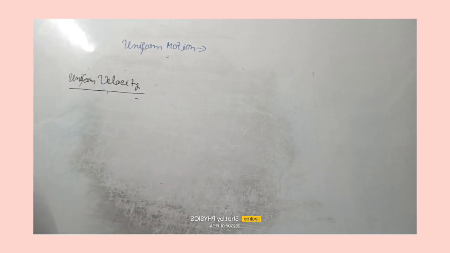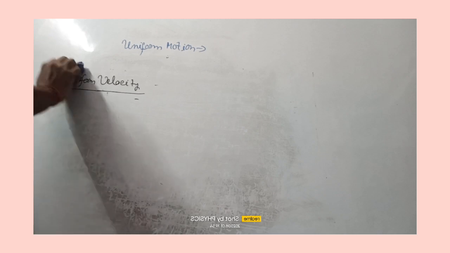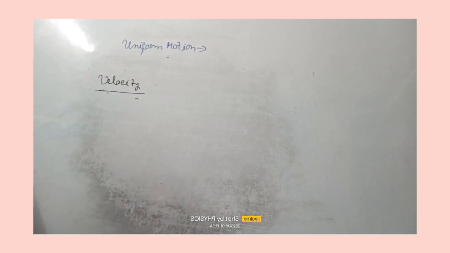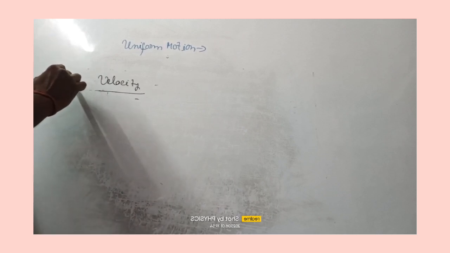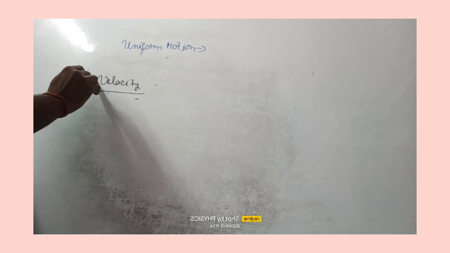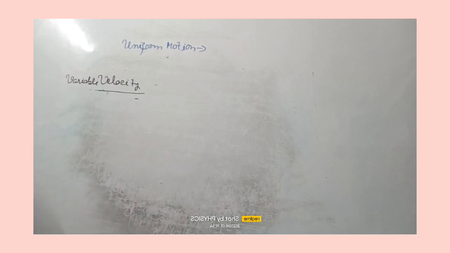Now what is the variable velocity? And how does the velocity become variable?